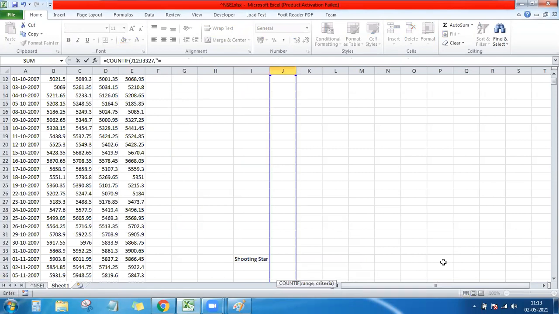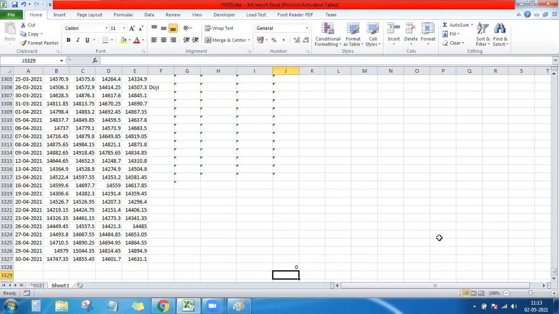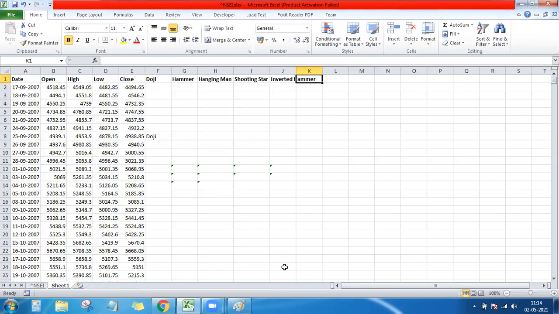Equal to inverted hammer. There are no inverted hammers actually. So inverted hammers are not there. Let us shift to bullish engulfing.